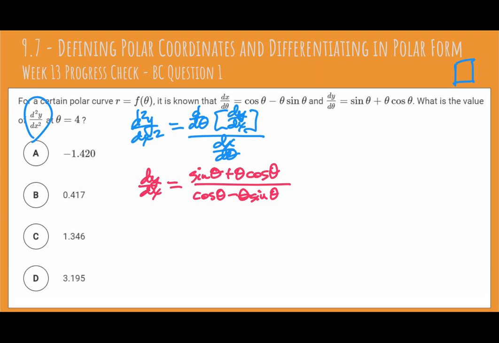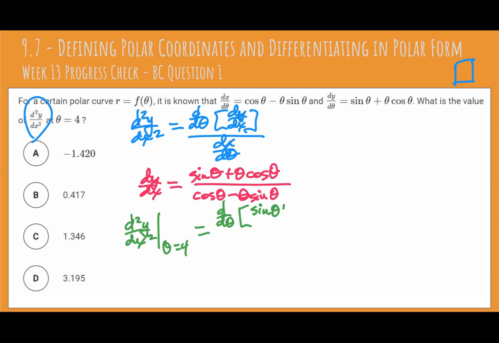Then the second derivative is going to be the derivative with respect to theta at this point. And I'm actually going to write that down here first, at theta equals 4. So that's going to be the derivative with respect to theta of dy/dx.